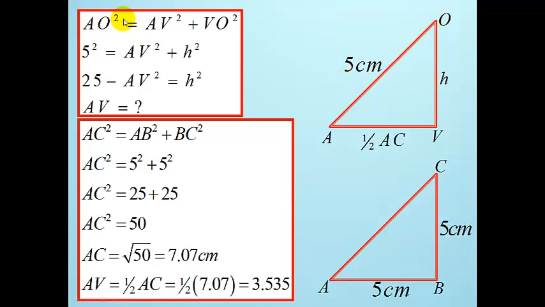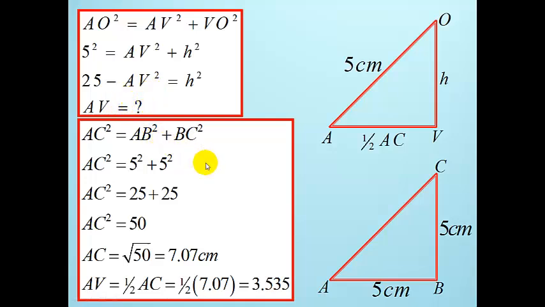Now, AO is 5. So we have 5 square equals AV square plus H square because VO is H. Now we are solving for H. So AV square on the right hand side becomes minus AV square on the left hand side. Because AV is not known, we cannot find the height yet. So AV is a question mark in this case.